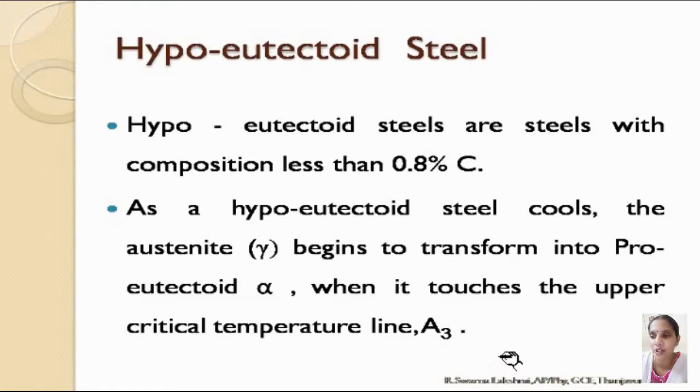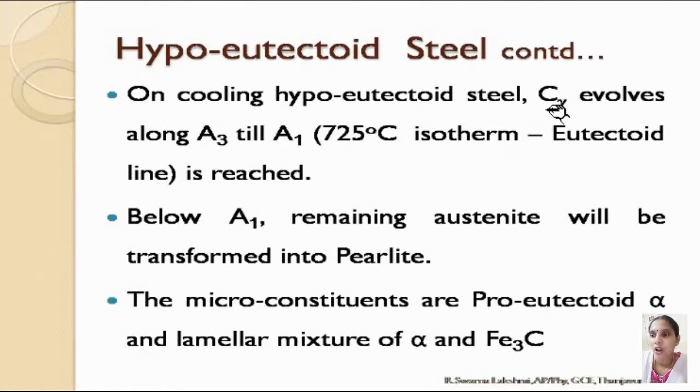And as I pointed out earlier, the composition of the alpha phase evolves along the solvus between alpha phase and the two-phase region alpha plus gamma, whereas the evolution of the composition of austenite is along the A3 line till the eutectoid horizontal A1 is reached.